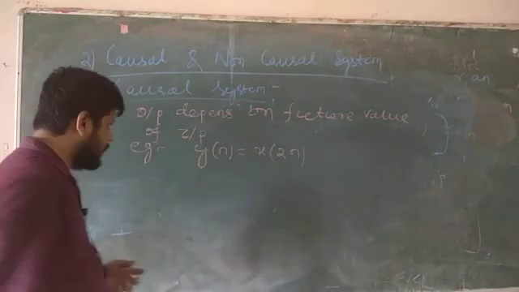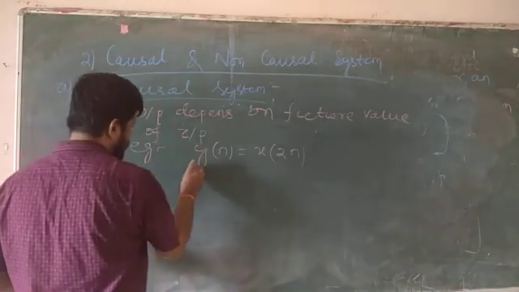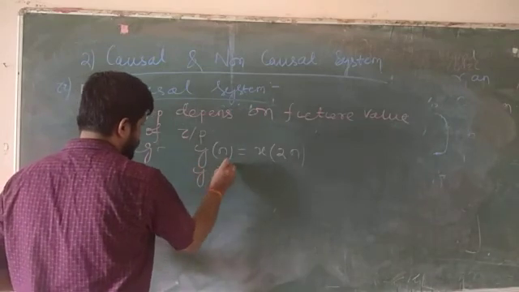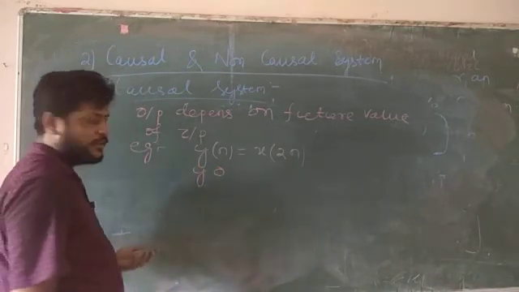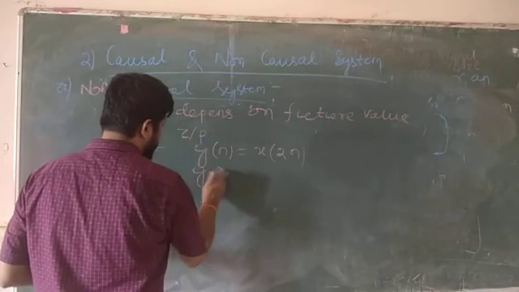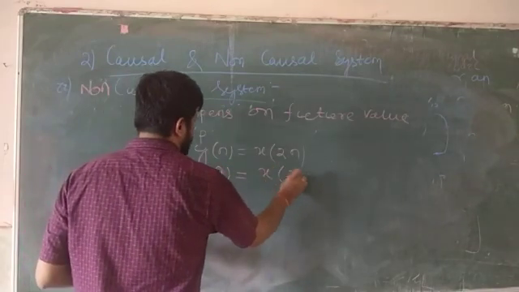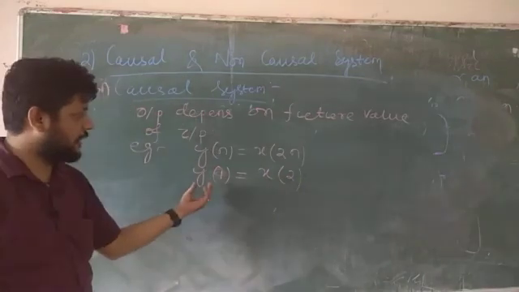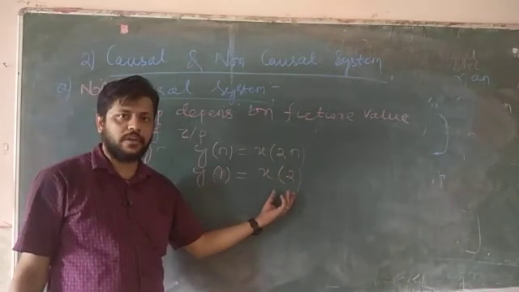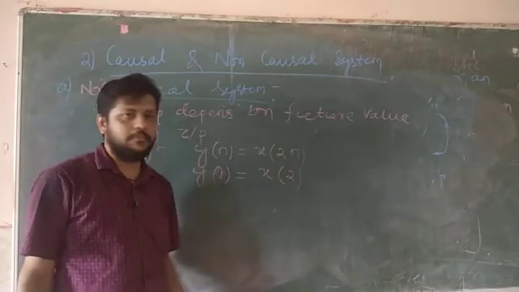So now we can check. If y of 0, that means it depends on the present value x of 0, that will be okay. Then if I put y of 1, x of 2. So you can see here output at time instant 1 depends on the future value of input, that is at time 2.